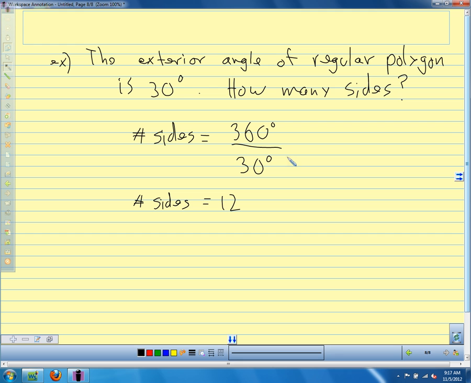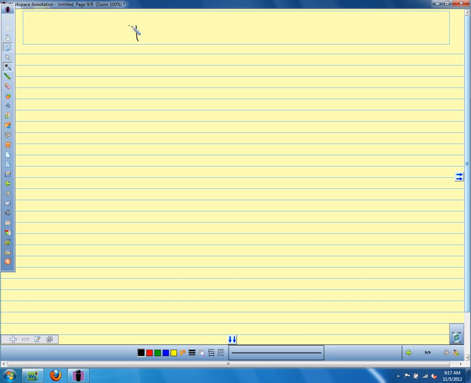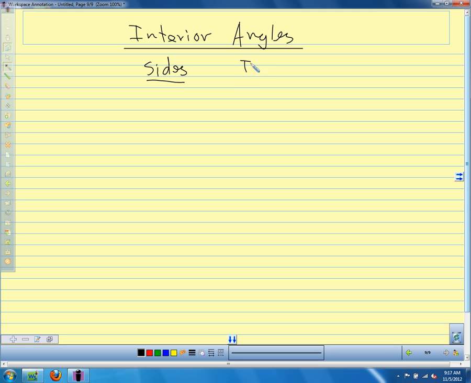All right, let's make a little chart for our interior angles, and then we'll be done. This chart would be a good thing to write down or just to remember the pattern. So we're looking at the number of sides and the interior angle sum.